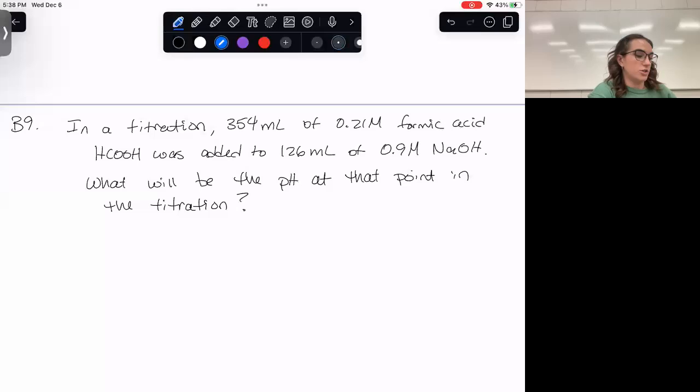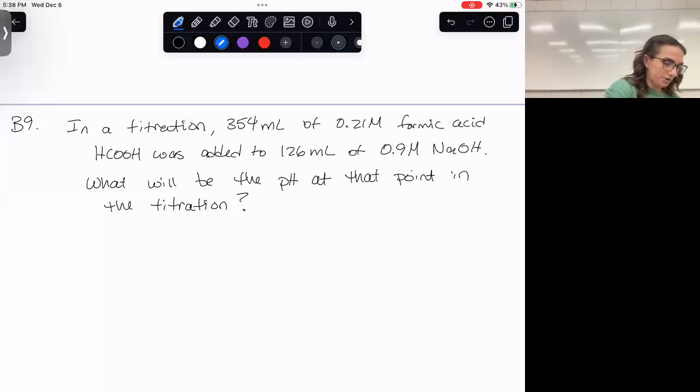What do we need to check for first? We can check if there's a spectator. Yep. Is there anything of concern? Essentially we want to check how many moles of acid and base we have first. We're given a volume and a concentration for both acid and base, so we want to see where we are in our titration.